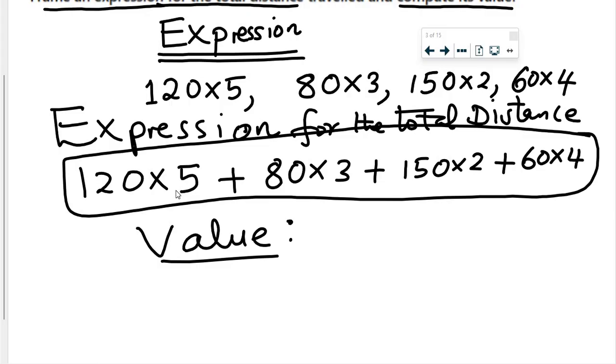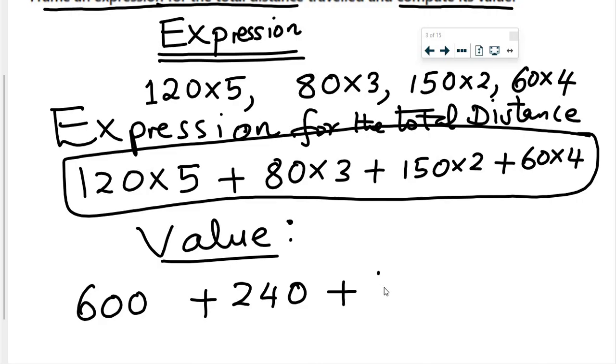120 into 5. 12 into 5 is 60, and add this 0 here. Plus 80 into 3: 24, add 0 here. Plus 15 into 2, that is 30, add this 0 here. 6 into 4 is 24, add 0 here.